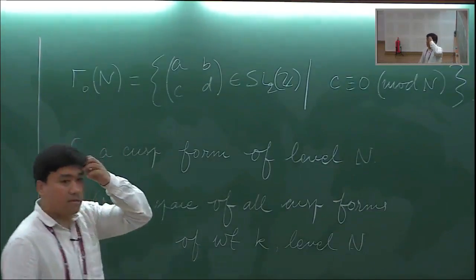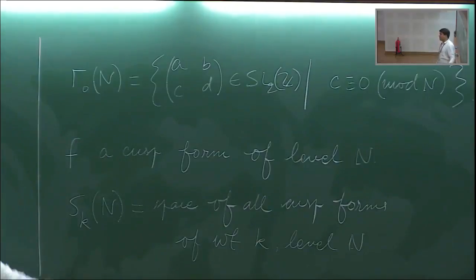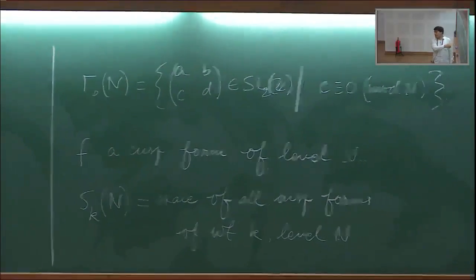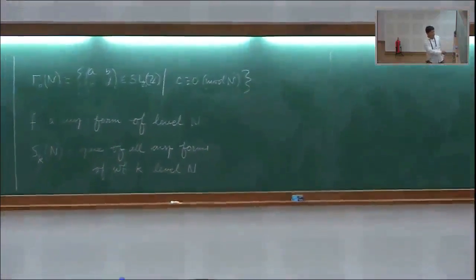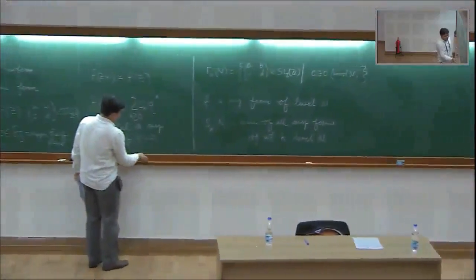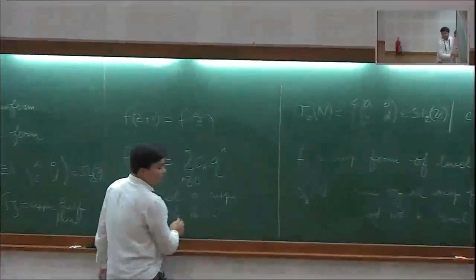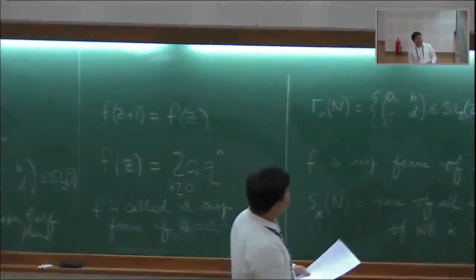Any questions? Yes, f of z is the summation of c n q to the n, so this would be c0 equal to 0.